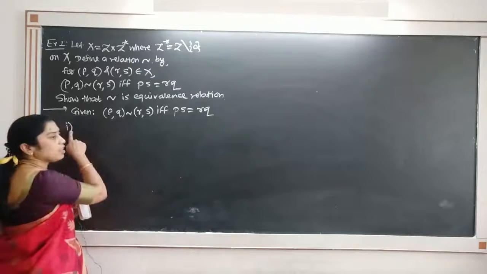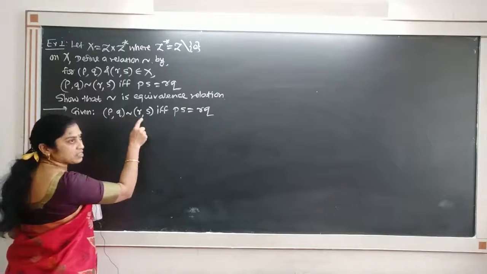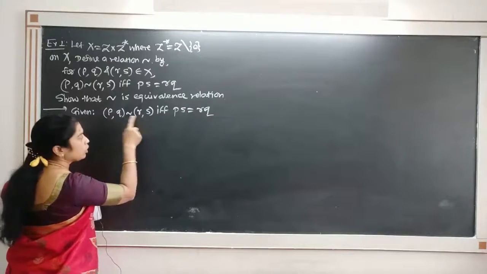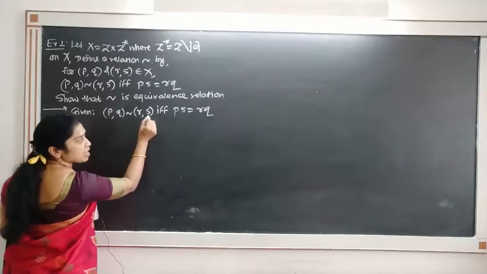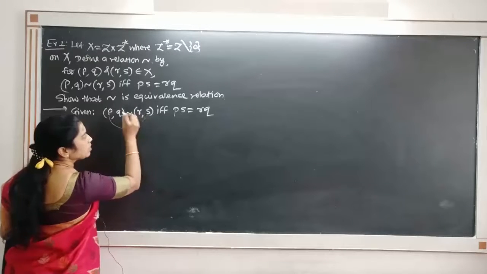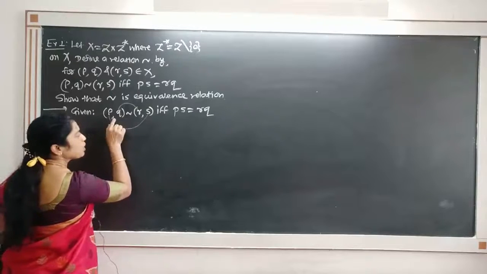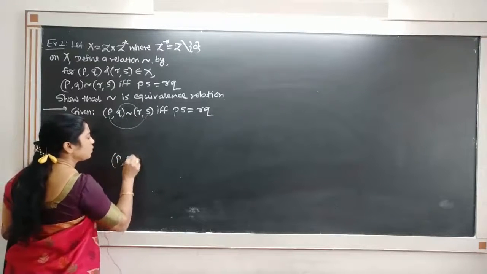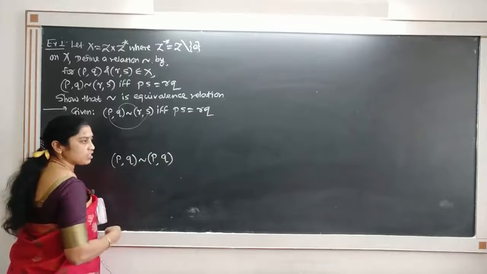The relation is reflexive if every element is related to itself, that is, if (p,q) is related to (p,q).